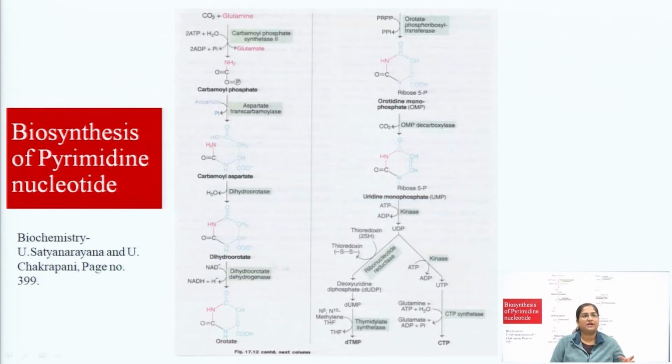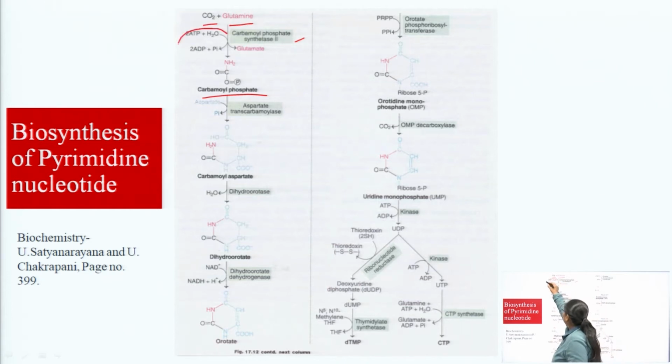This is the synthesis. First of all, let us start preparing our pyrimidine nucleus. For that we need two things which we have seen earlier in the structure: carbon dioxide and glutamine. These two, with the enzyme carbamoyl phosphate synthetase 2, lead to the synthesis of carbamoyl phosphate.